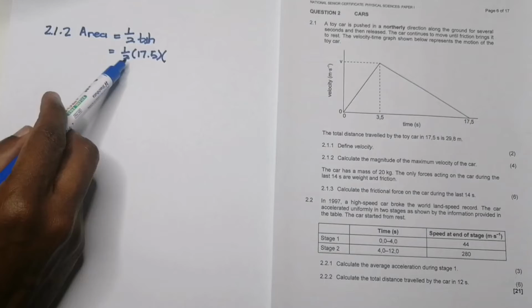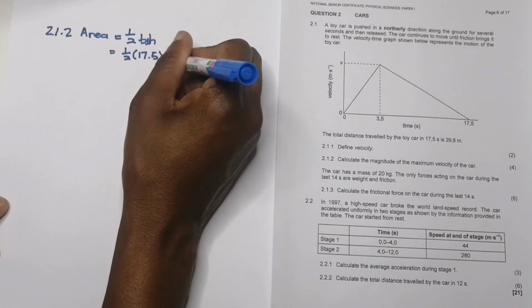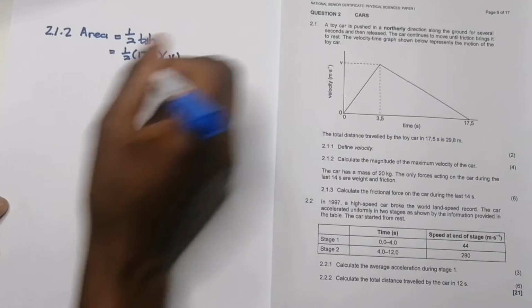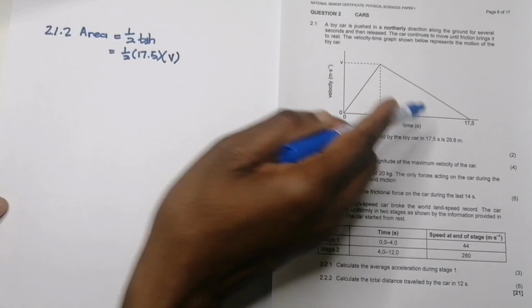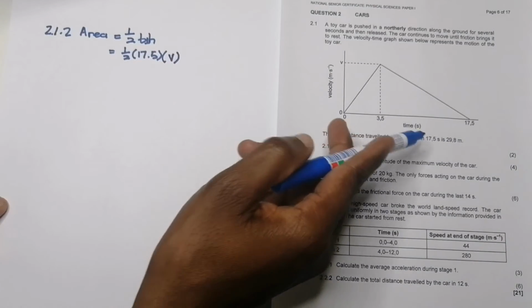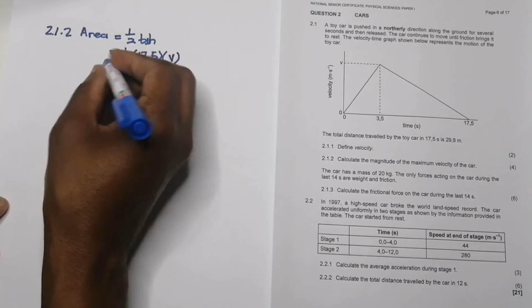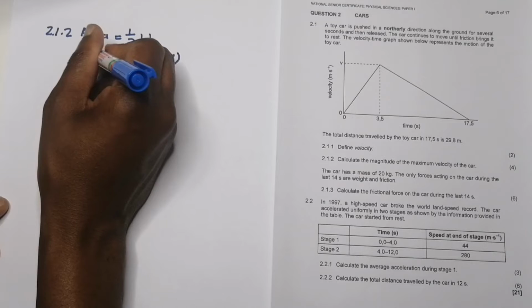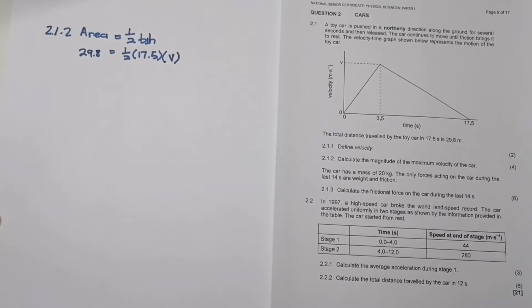So we're taking half base multiplied by perpendicular height, and our height in this case is our speed v. But we know they had told us what the displacement is. The total distance traveled in this case was 29.8. So it means that the area underneath the triangle would also be 29.8. All that we need to do now is just calculate the speed v.